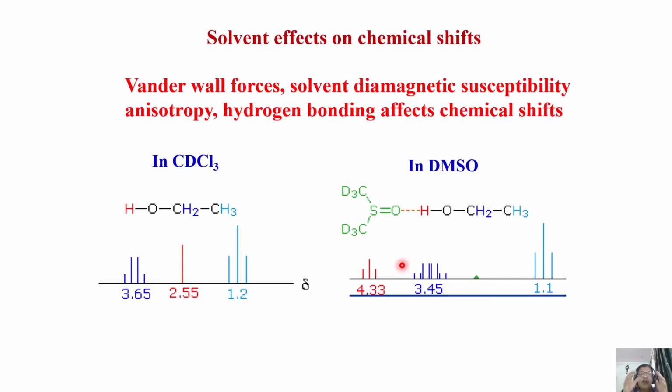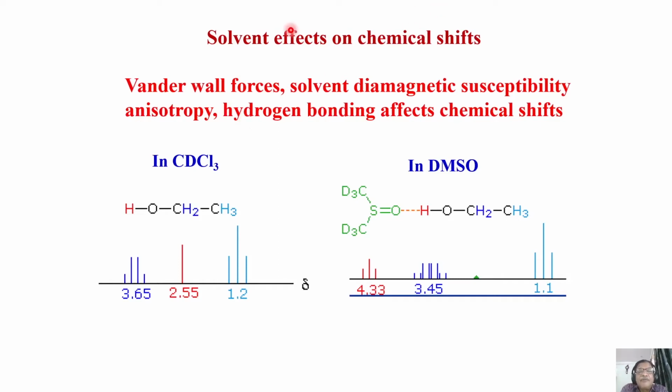Depending on the judicious choice of what you want to see, you can make use of some of these tricks. To disentangle the complexity, you can use shift reagents. More about shift reagents will come back in one of the classes later, but at the moment I just wanted to tell you because you need to understand many things.